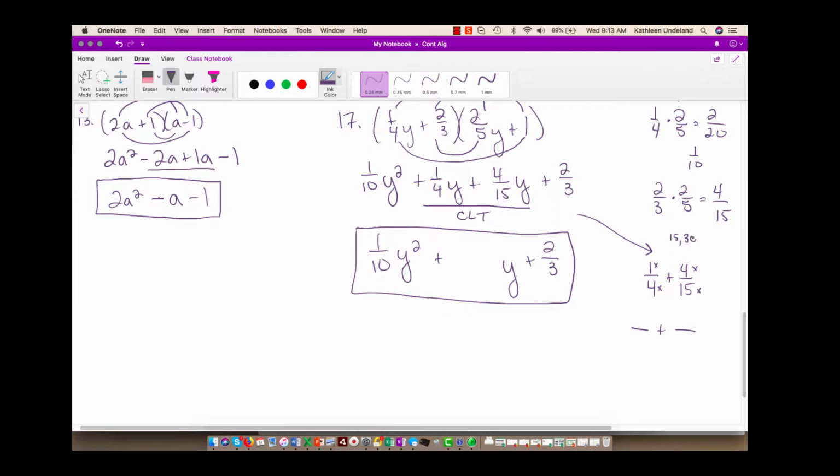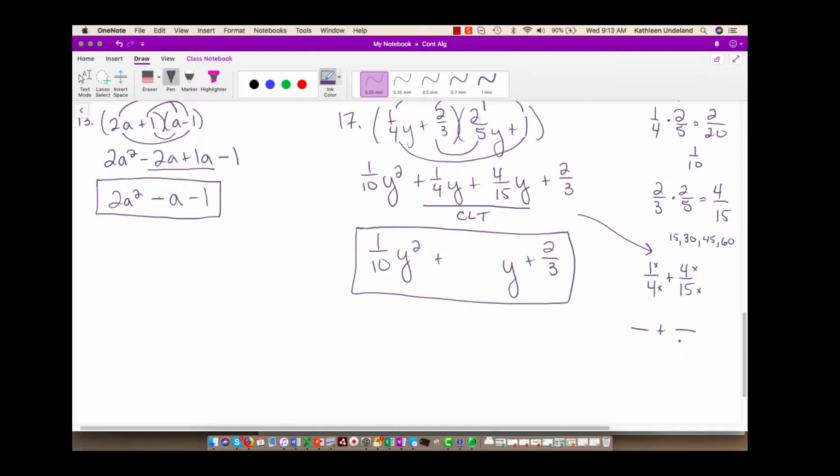So I'm going to go to the next 15. 15 times 2 is 30. Does 4 go into 30 evenly? It does not. Go to 15 times 3, which is 45. 4 doesn't go into that. So 15 times 4 is 60. 4 does go into 60, 15 times actually.